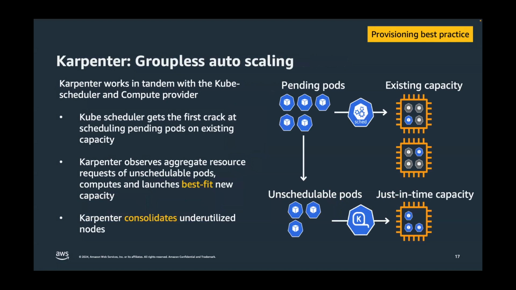And more recently, AWS has open sourced a tool which takes care of the EC2 provisioning as well. Many of you will be using EKS with managed node groups today, right? And we went back to the drawing board to see how we can reinvent the experience and bring about more innovation.